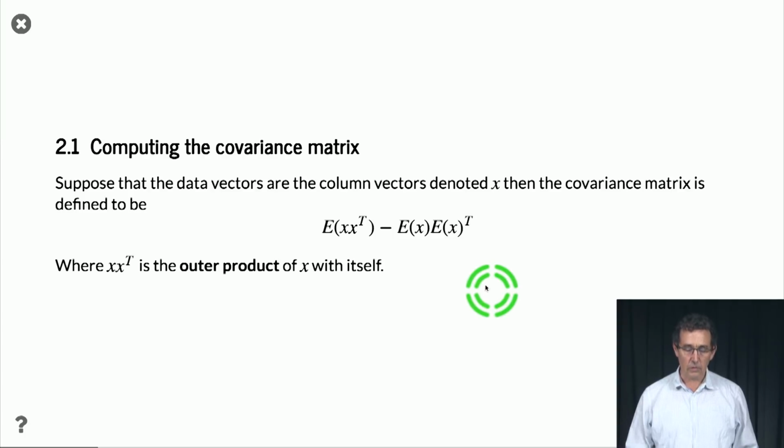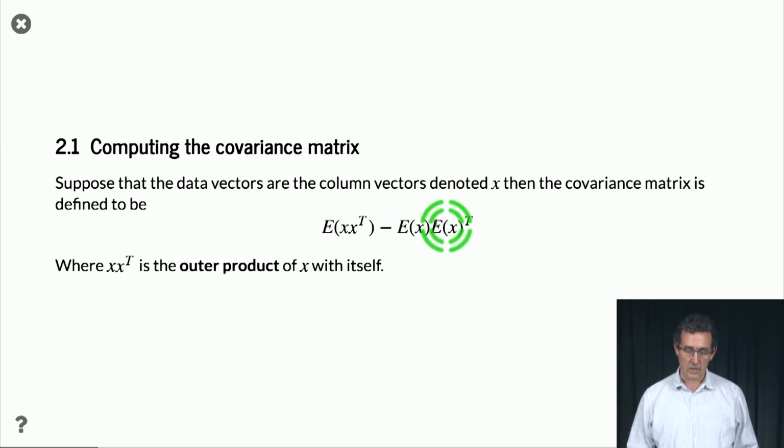So to compute the covariance matrix, we basically use the concept of outer product. So we take each vector outer product with itself and take the expected value of that, which gives us a matrix. And then we compute the expected value of the vector and take its outer product with the expected value of the vector.